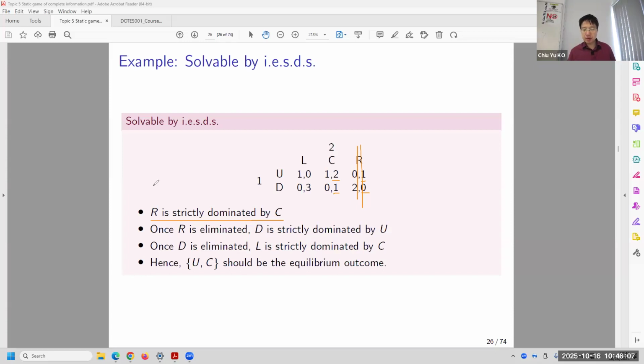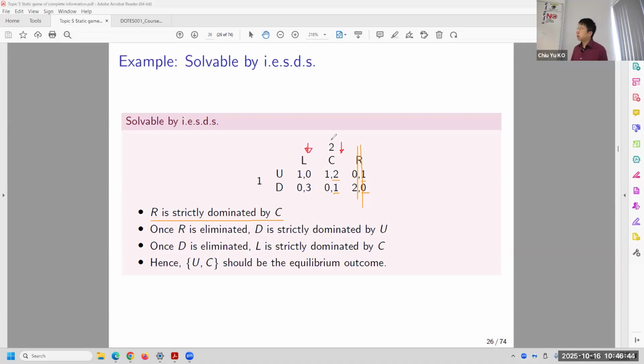But suppose player 1 knows player 2 is not stupid, and player 2 is not stupid. That means player 1 would know player 2 is not stupid. That means he can safely forget about R being chosen, right? He would only consider player 2 going L or C. He's not going to think about R, because it's not possible.